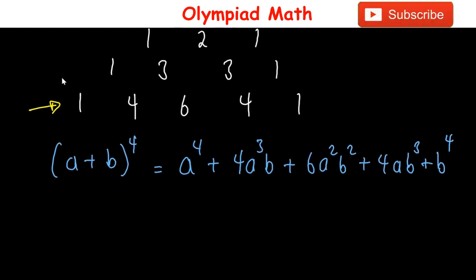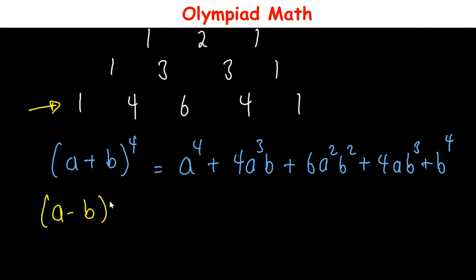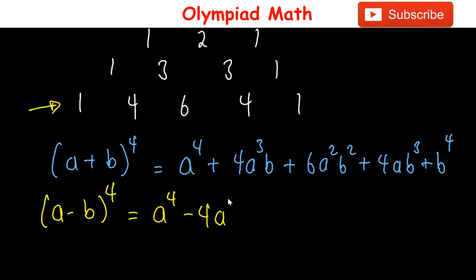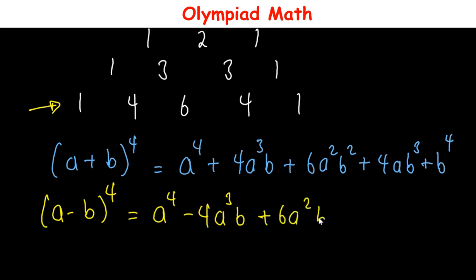And for (a minus b) all raised to power 4, this equals a raised to power 4 minus 4a cubed b, then plus 6a squared b squared minus 4ab cubed plus b raised to power 4.